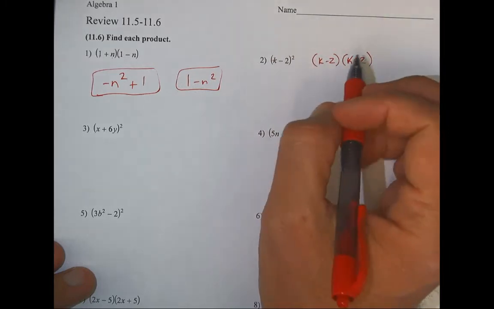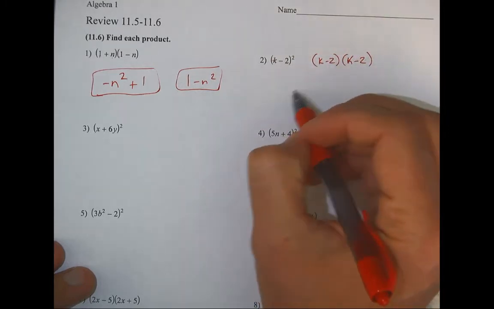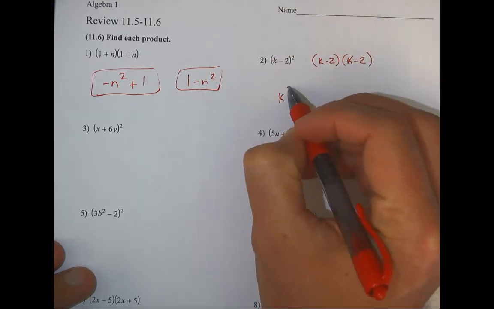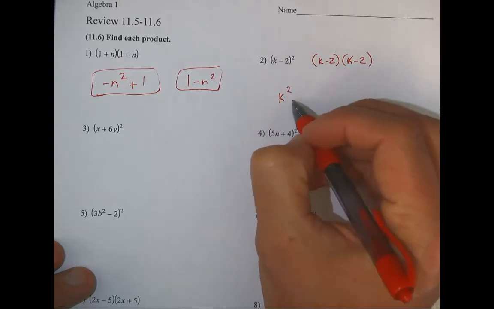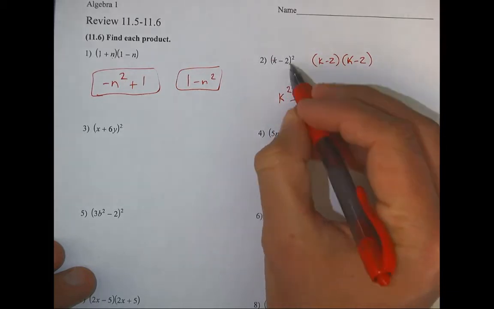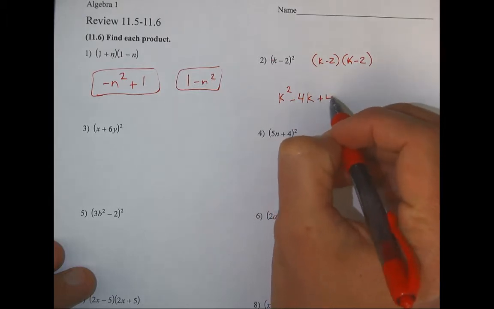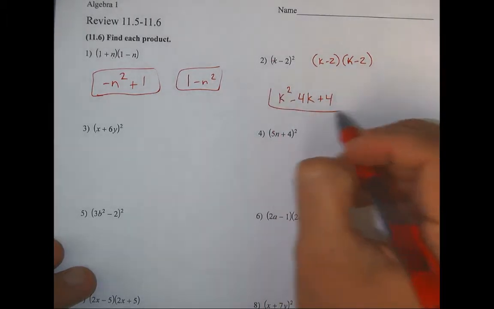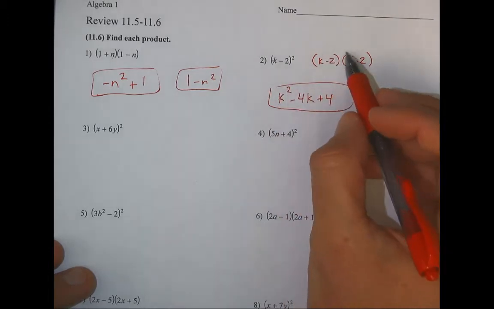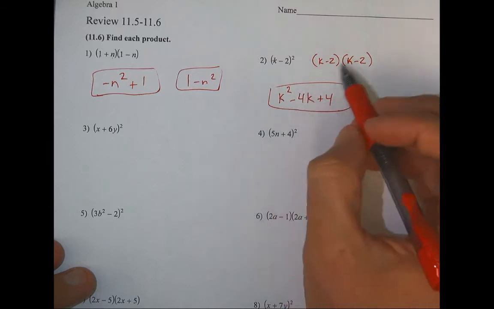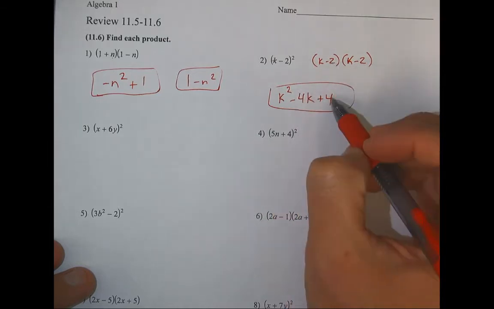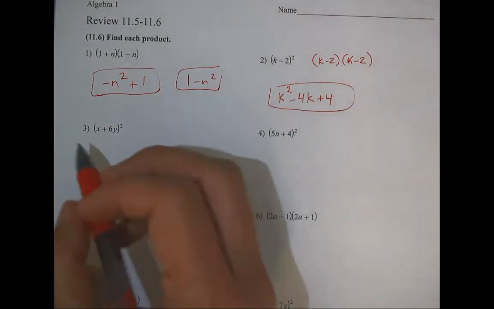So you can skip that step. The first term is always the k times k, so k squared. Doubling this, that's negative 4k. Squaring it, negative 2 times negative 2 is positive 4. You could have done the long way: you would have got negative 2k twice, that adds up to negative 4k. Negative 2 times negative 2 is positive 4.